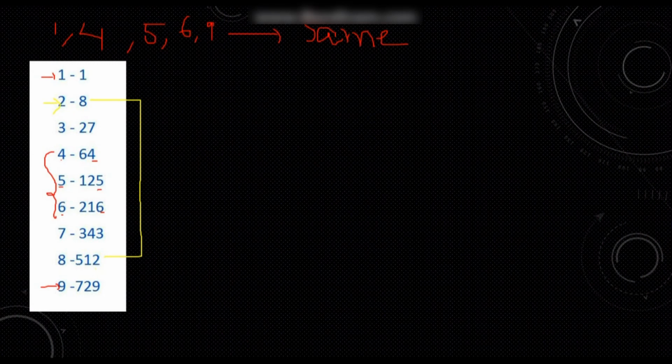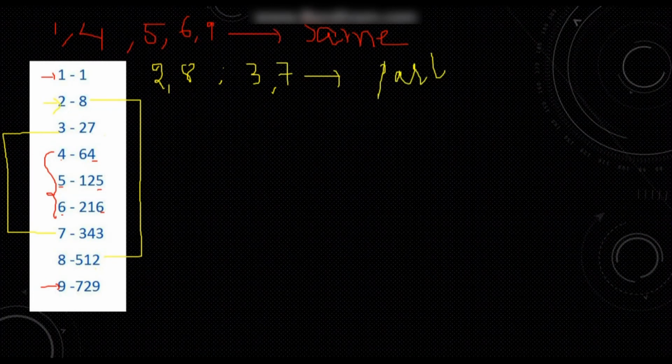Similarly 3 and 7: 3 cubed ends in 7, 7 cubed ends in 3, so 7 and 3 are a pair. I'm writing them as 2 comma 8 is one pair, 3 comma 7 is another pair, just as partners. That's the only thing you have to remember.